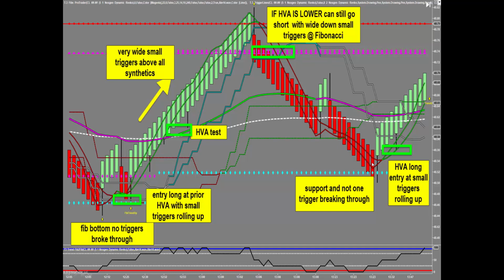Then you'll recognize as we trade down to Fibonacci support, right? Support's anticipated to hold because none of your trigger lines broke. And when your small triggers roll up and you've got a high volume area right there, you're going to be able to take that long trade to get back up to the upside.